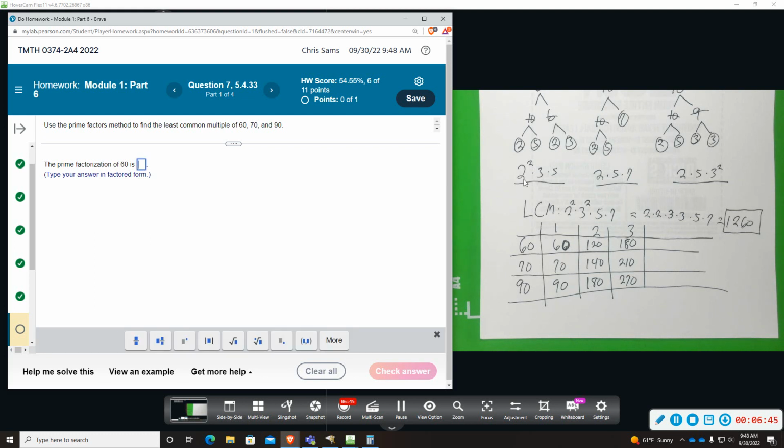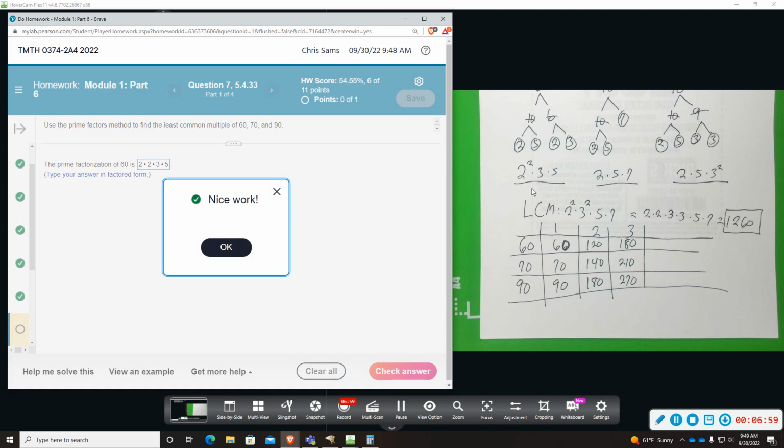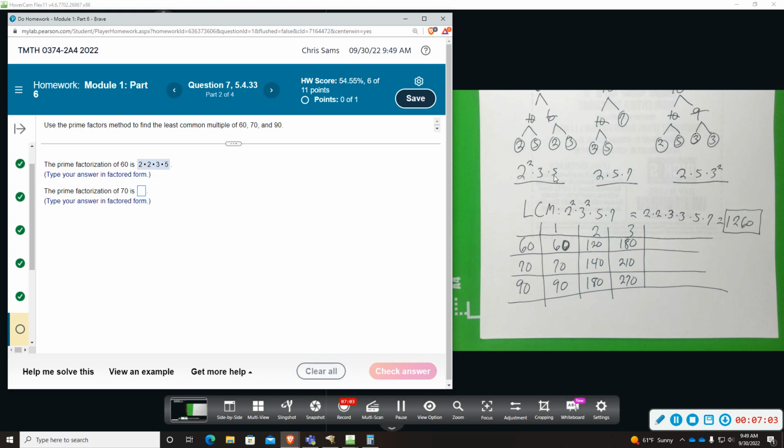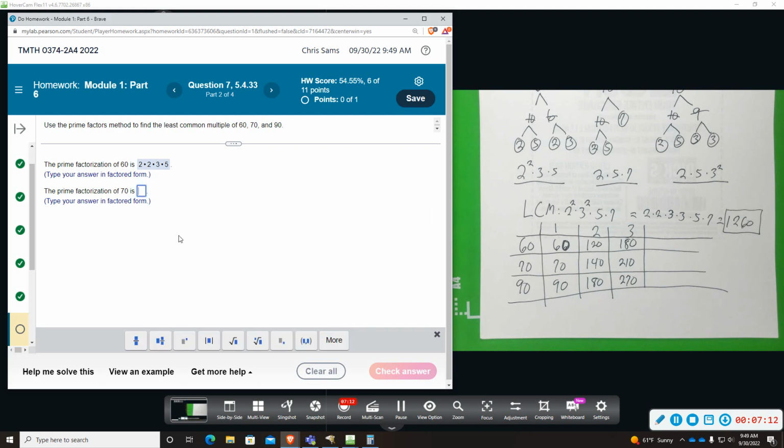So the prime factorization of 60, I'm going to list it out. 2 times 2 times 3 times 5. You don't have to put it in exponential form. You can. Faster to type it out, so I don't have to use the keypad. With 70, 2 times 5 times 7. 2, 5, 7.